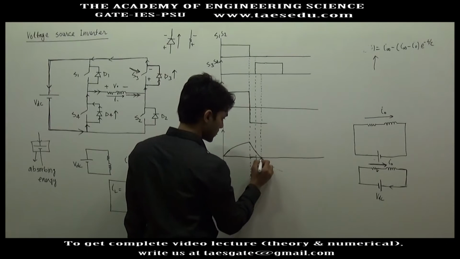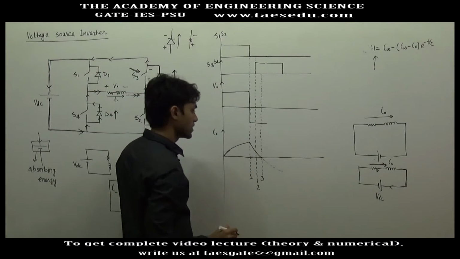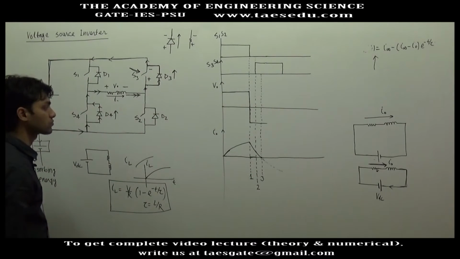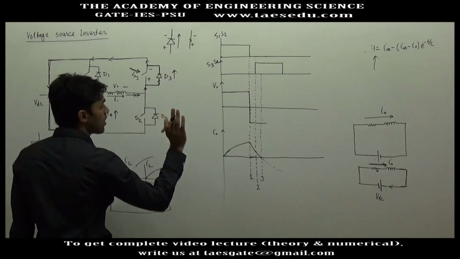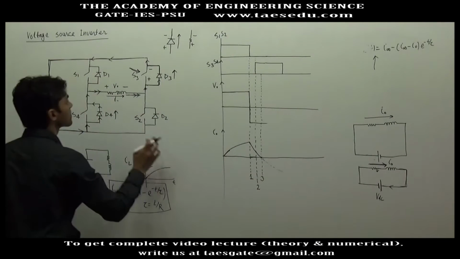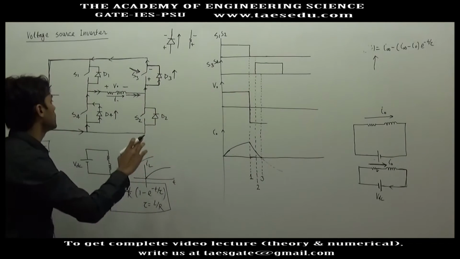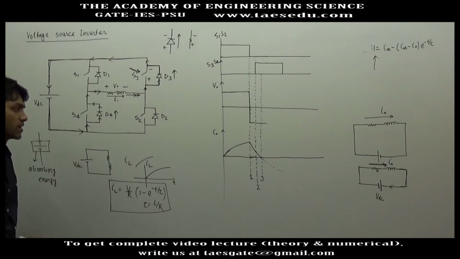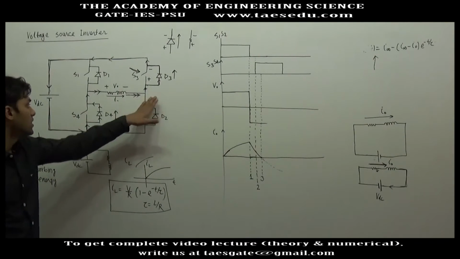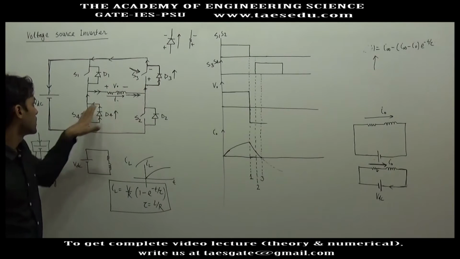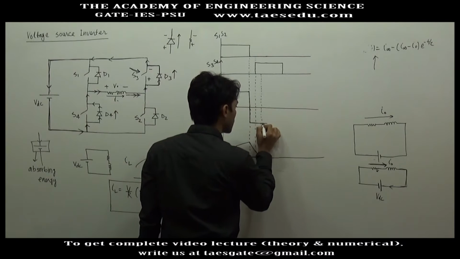At instant 3, the diode current has decayed to 0, so there is no more on state voltage drop. So after point 3, gate signal is continuously applied, so S3 and S4 will start conducting, and it does not matter whether D3 and D4 are conducting or S3 and S4 are conducting, the output voltage will be negative of VDC.